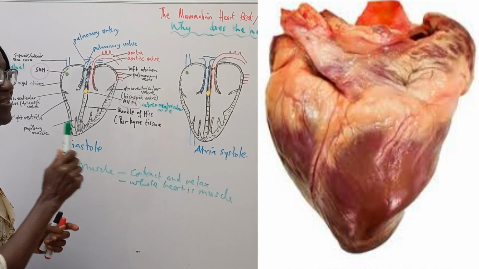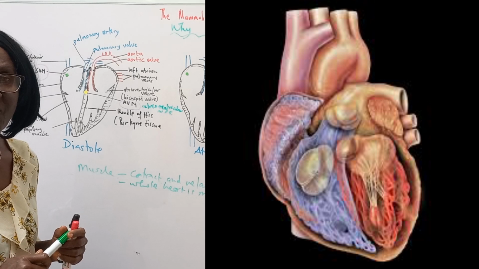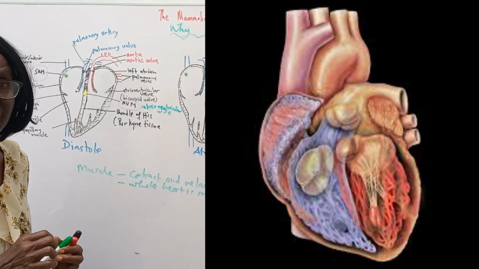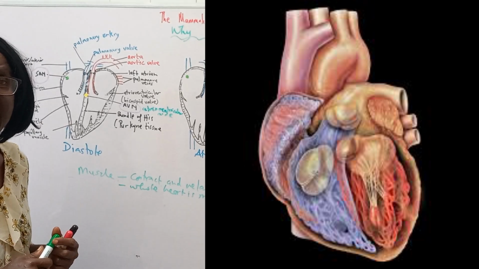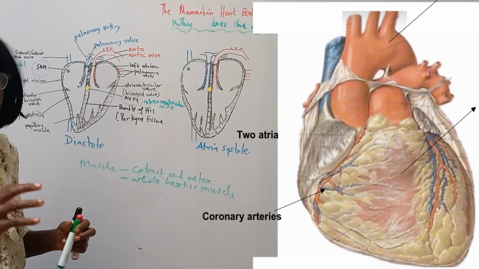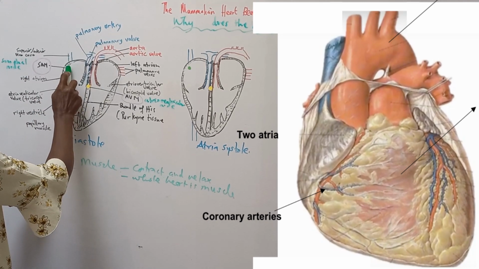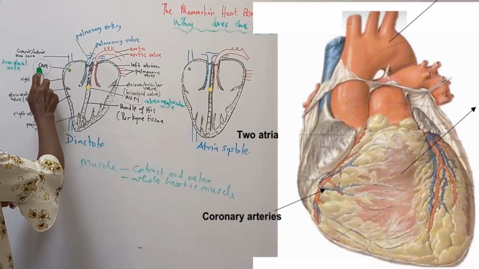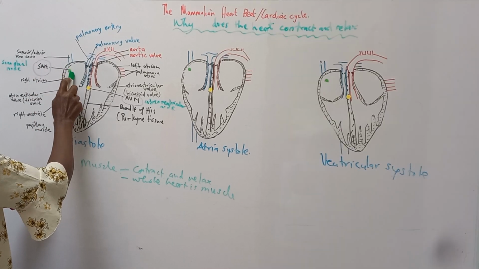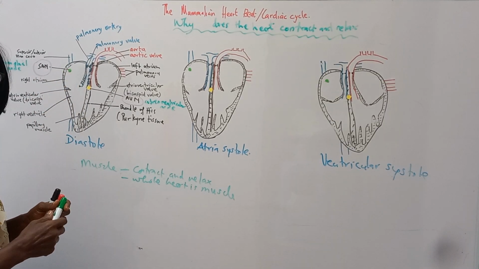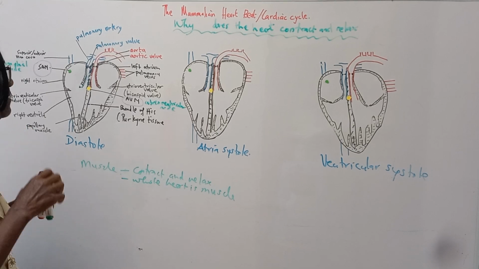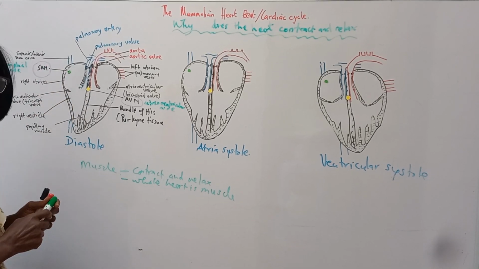In fact, the various cells of the heart muscle can each contract and relax, but the rhythmic contraction of the whole heart is due to the sinoatrial node, which is also made up of heart muscle with tiny bits of nerve fibers.